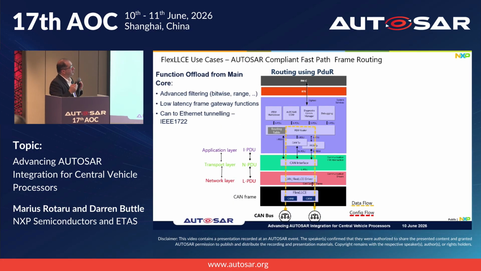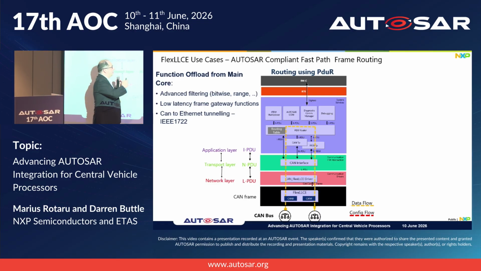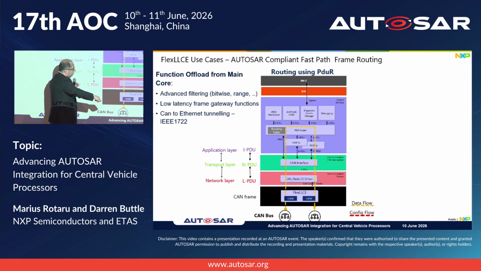For example, one of the use cases here is offloading the main core with the functionalities which can be done independently of each other. We have this AUTOSAR PDU router, which traditionally takes the entire legacy networking and does the routing from one network to the other one.